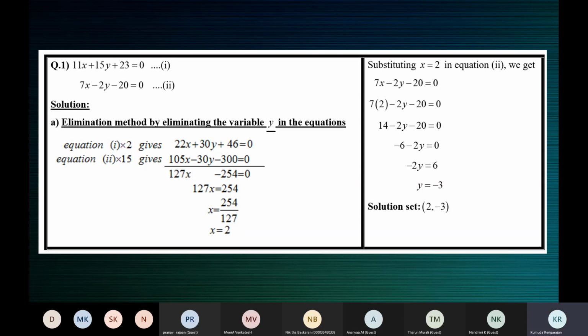Do not blindly copy the answer. Please understand whatever you write. Write the answer, Soman. Yes, Pranav. Write this, Soman. Please complete the answer.